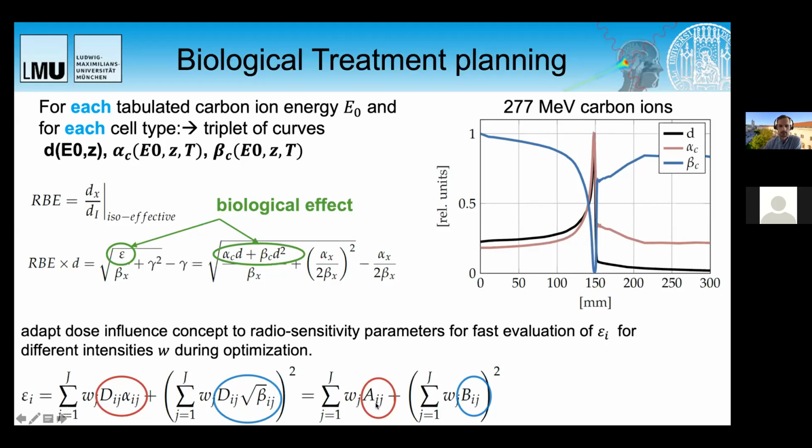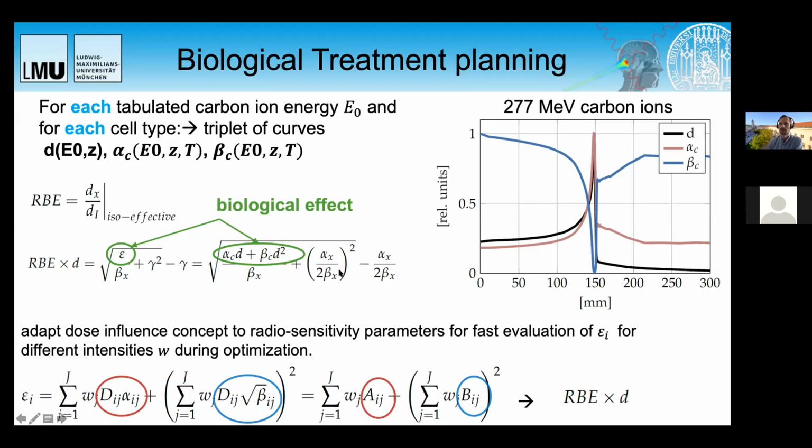And once we have that, we can easily re-evaluate the biological effect during optimization if we change the pencil beam intensities. And once we have optimized our biological effect, we can convert it back to the RBE weighted dose by simply taking the square root and applying these constants.